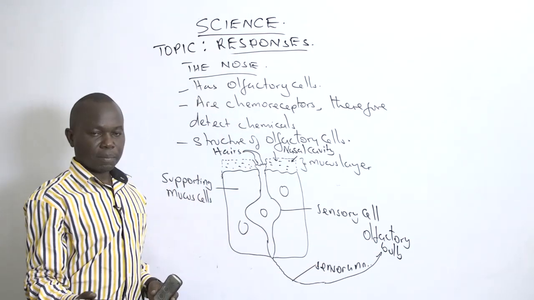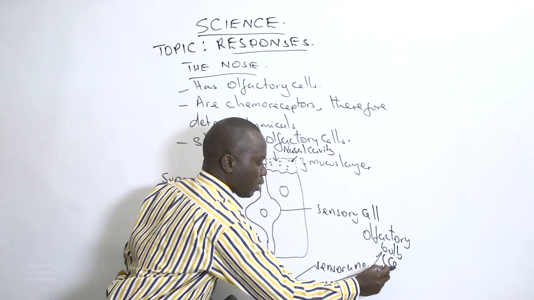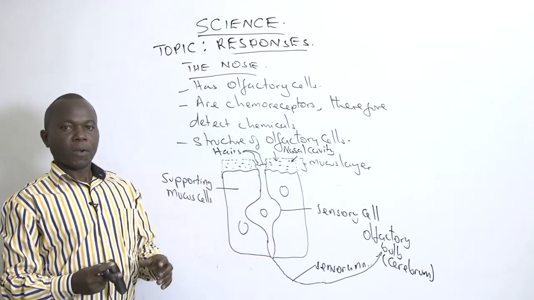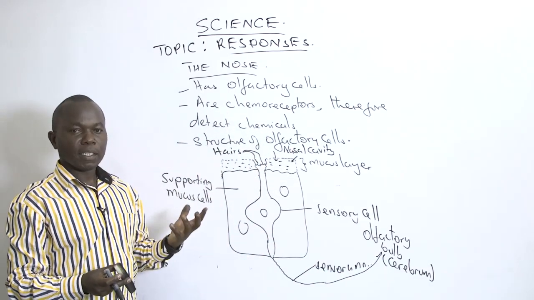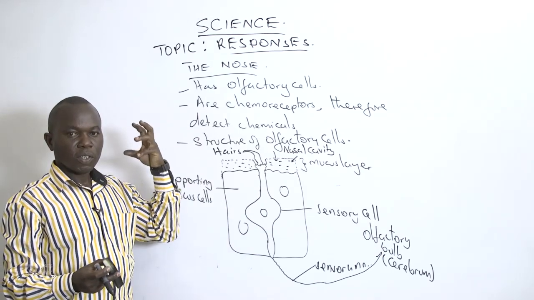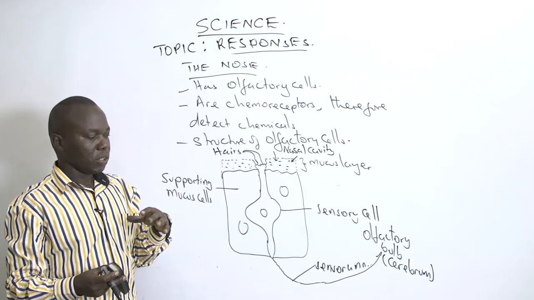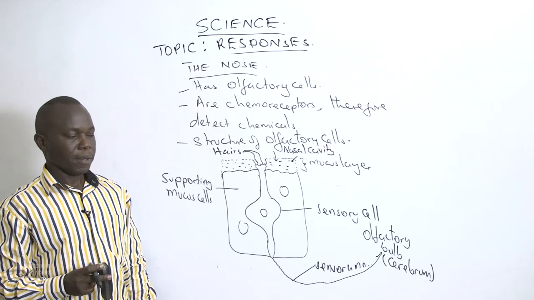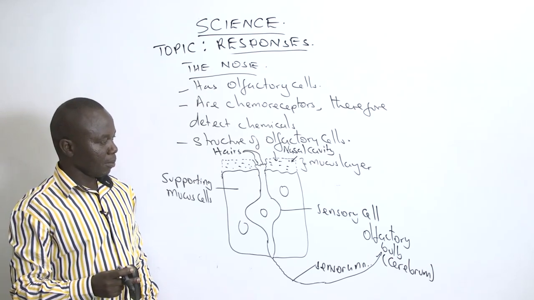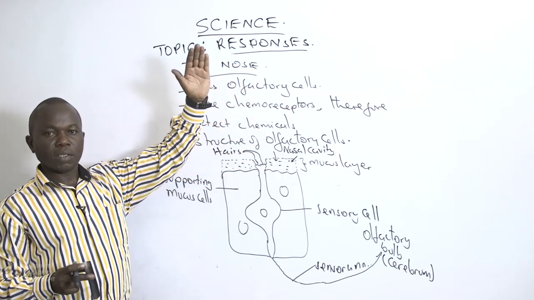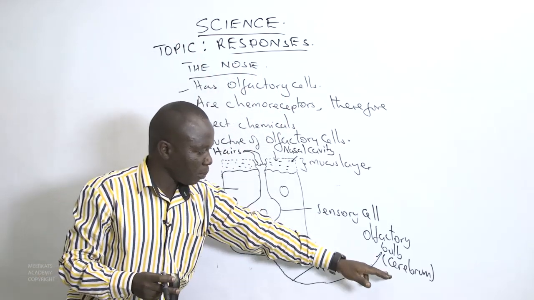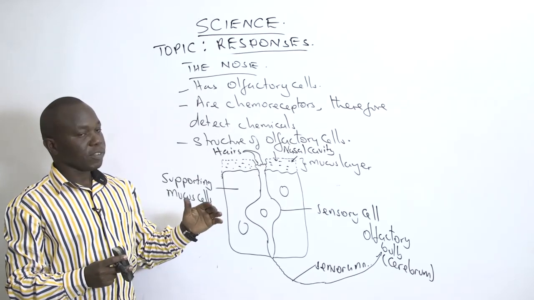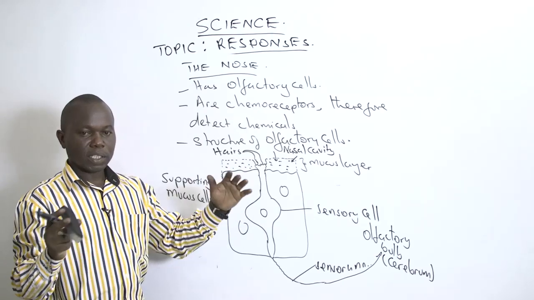Where is the olfactory bulb? It is in the cerebrum. Remember, all tasting, smelling, vision, hearing, touch, those five senses are detected by the part of the brain called the cerebrum. Once the sensory message goes to the olfactory bulb in the cerebrum, one can tell the type of smell that one is exposed to.